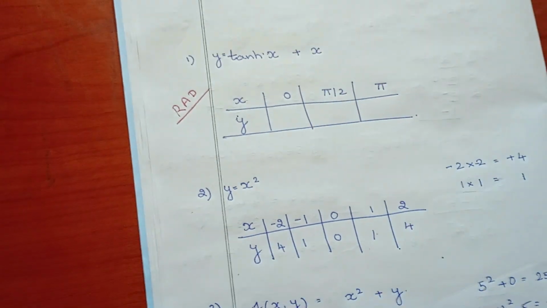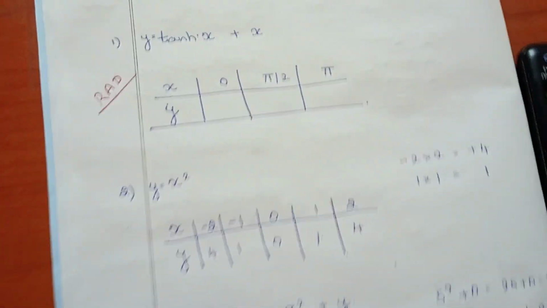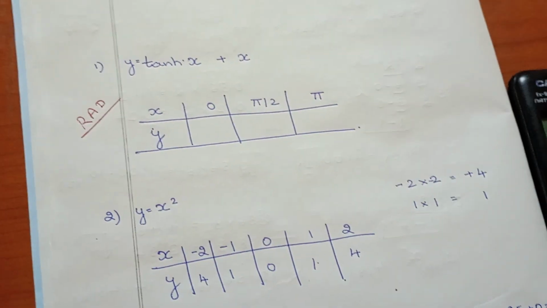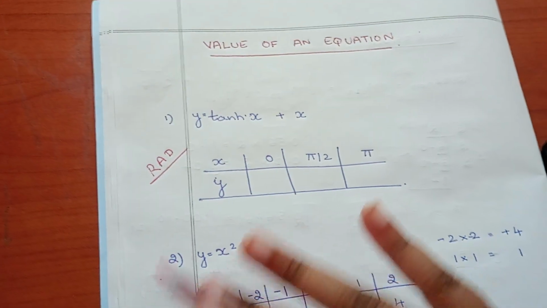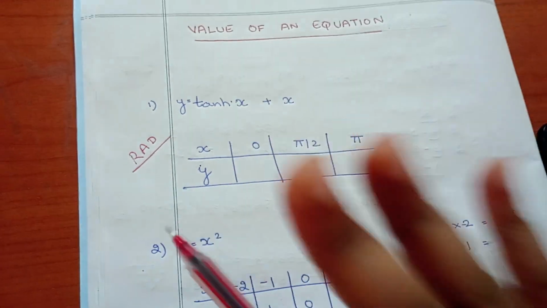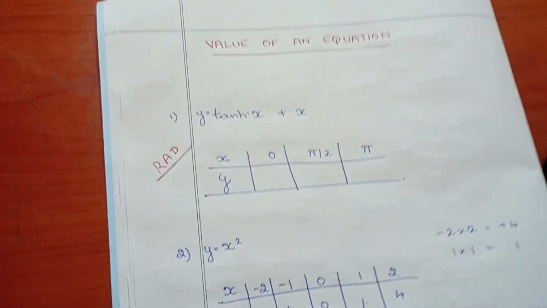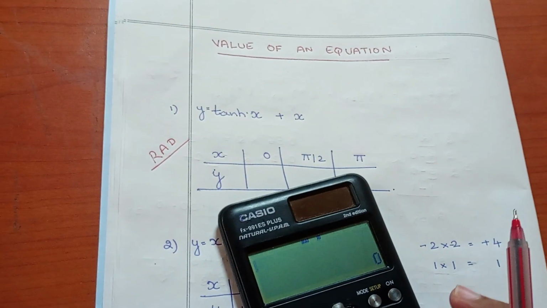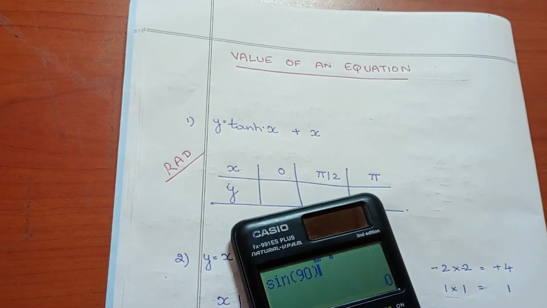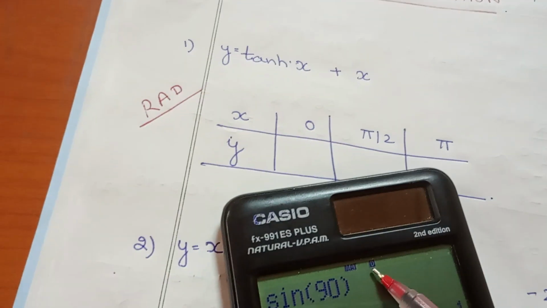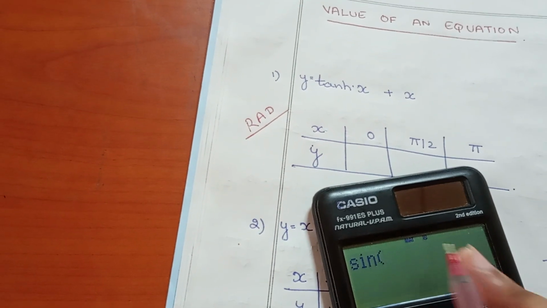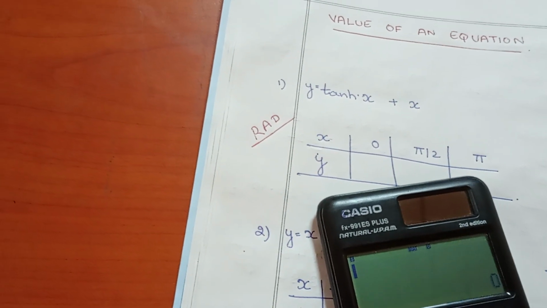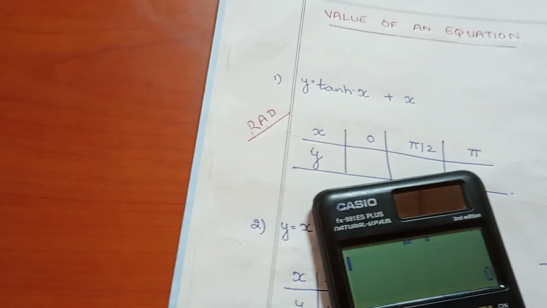For integration, differentiation, and whenever you are finding the value of an equation, you better keep the calculator in radian mode, and the answer that you get in radian mode is the correct one. Suppose I want to find the value of sine 90. Now it is in degree, and sine 90 is 1. If I want the same thing in radian, shift mode, I select 4, sine.